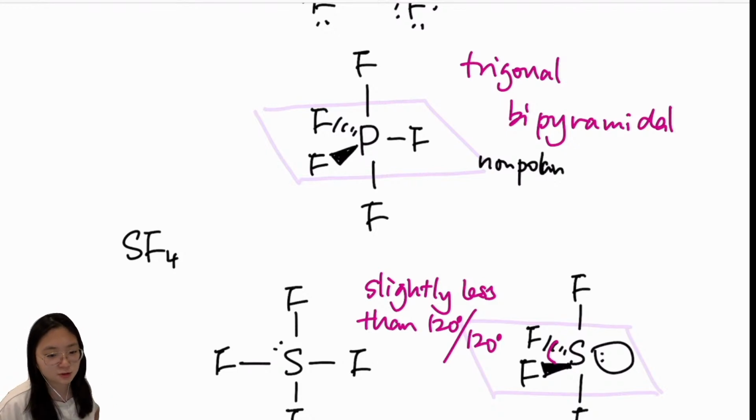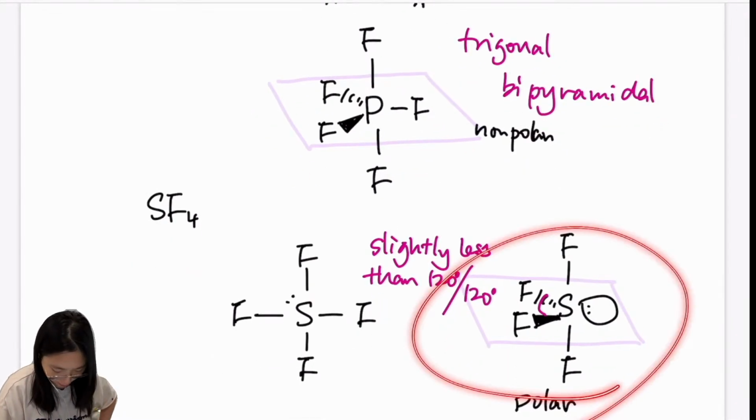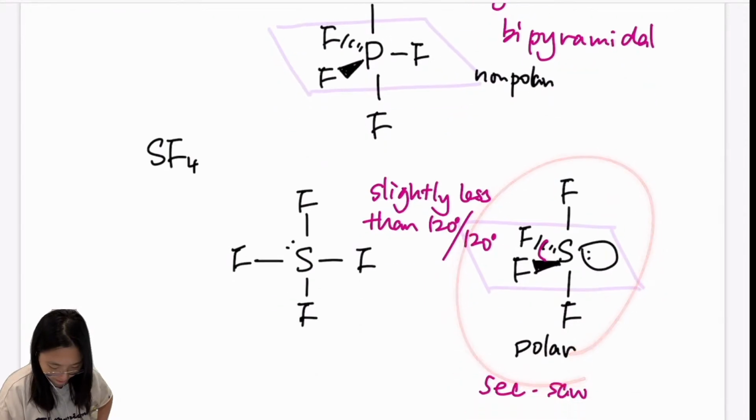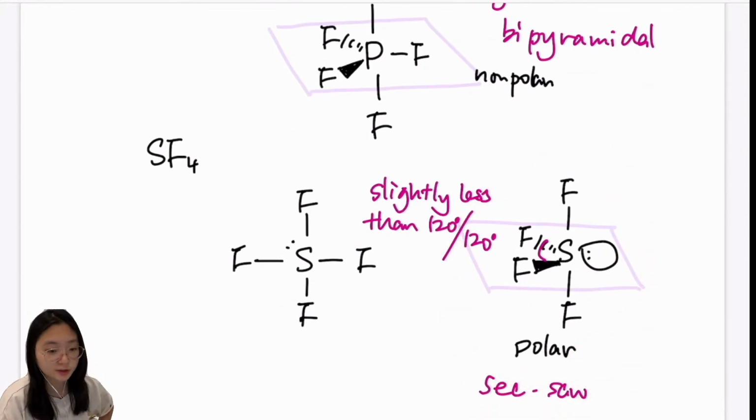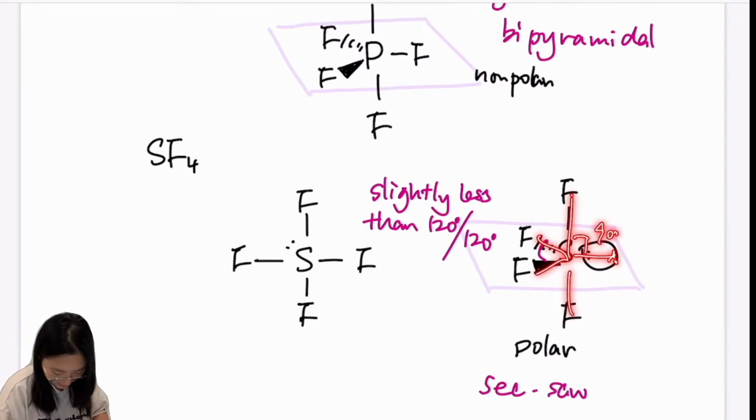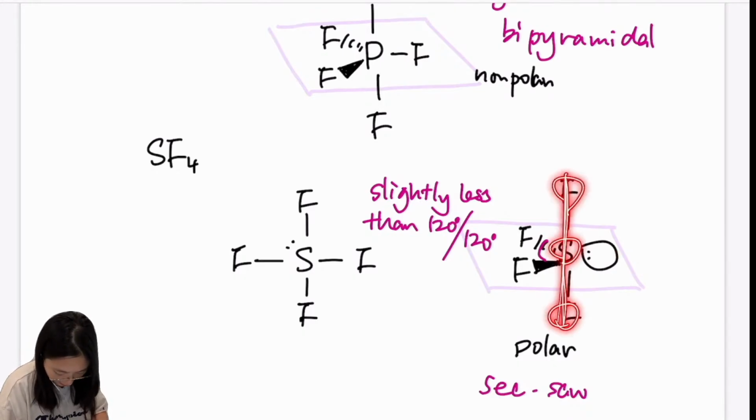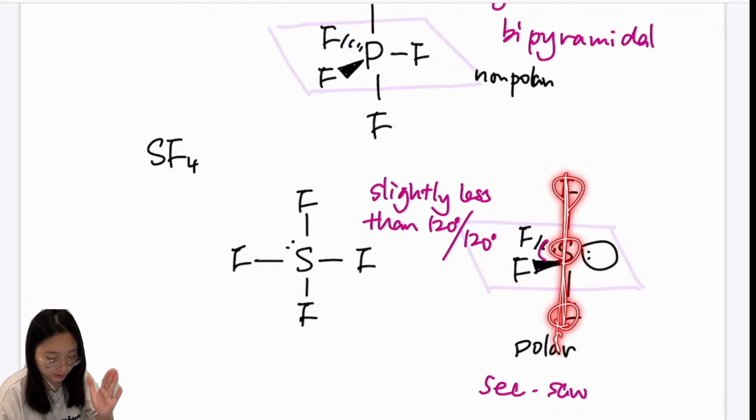Why does the seesaw structure have a 120 angle and a 90 degree angle? Okay, so again, how do we get the seesaw structure? Seesaw is the molecular geometry, and its electron domain geometry, with 1, 2, 3, 4, 5 domains, is trigonal bipyramidal. For trigonal bipyramidal, we have 90 degrees because these two atoms are linear, and that's a vertical line.